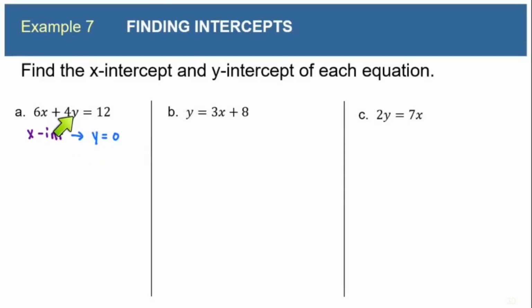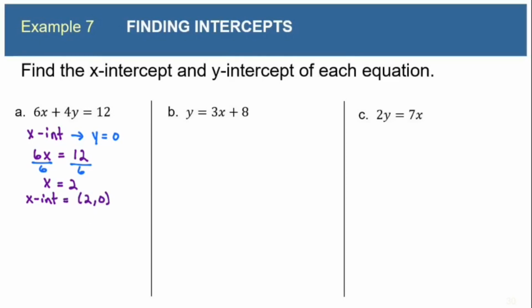If we do that here, 4 times 0 will be 0, and so all that's left will be 6x equals 12. So basically, when you plug in 0 for y, the y term is going to disappear, and what's left will be the x term and the constant. Now to solve this, we divide both sides by 6, and we get x equals 2. So if x is 2 and y is 0, then the x-intercept is at 2, 0.